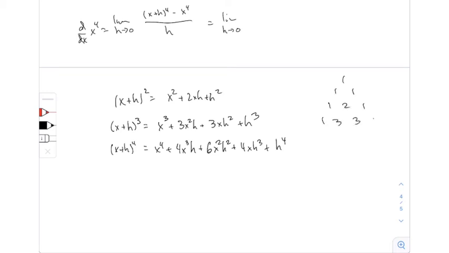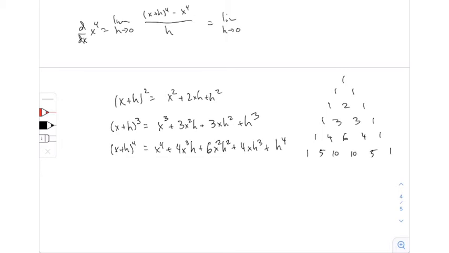You make this cute little triangular array of numbers, and you get each row by adding together the 2 numbers above it. You always put a 1 at the beginning and at the end. To get each other number, you add together the two above: this position comes from adding 1 plus 4, and you get 5. The next one is a 10, then another 10, then a 5.